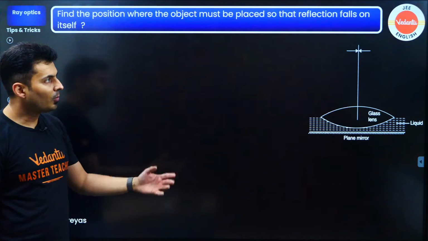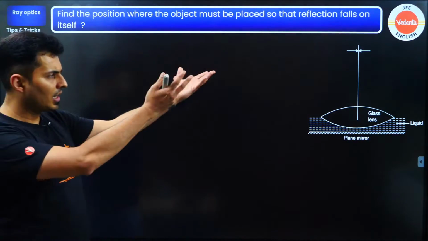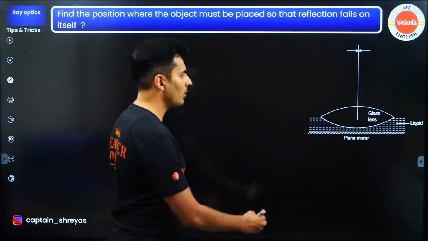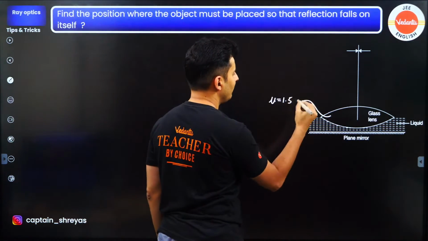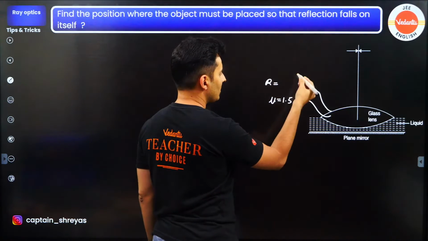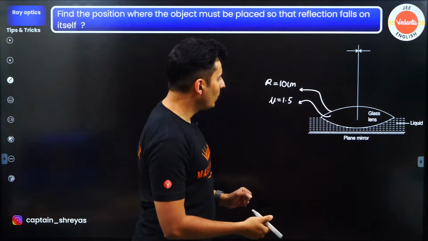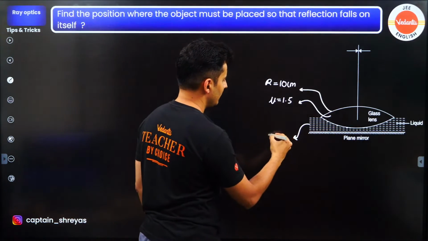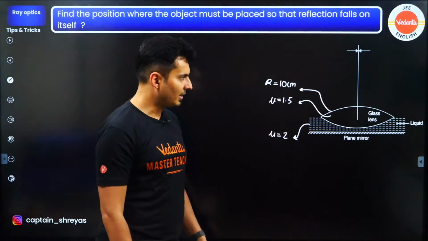Let's move ahead to probably one of the last few questions that we have. Okay, so I'll just take a random valued question. I can just take probably this as a refractive index, maybe 1.5, maybe the radius of curvature as, I don't know, maybe 10 centimeters, let's say. And there is liquid over here, refractive index, let's say 2 maybe, who knows, okay, fair enough.